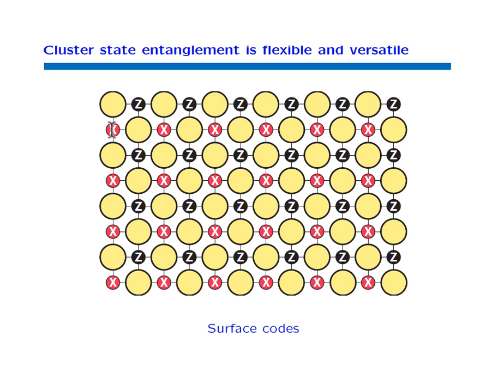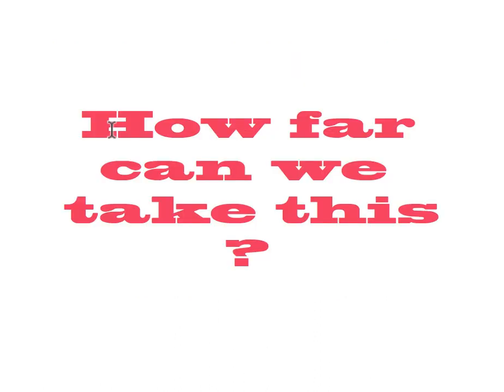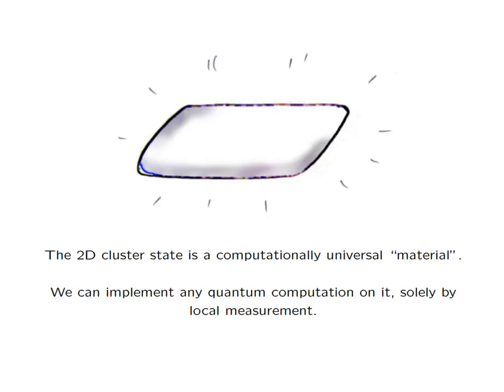Now that we've seen these many examples, a question comes up. How far can we take this? The 2D cluster state is a computationally universal material. We can implement any quantum computation on it only by performing measurements.